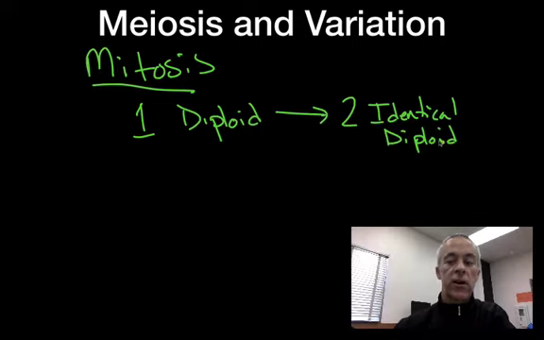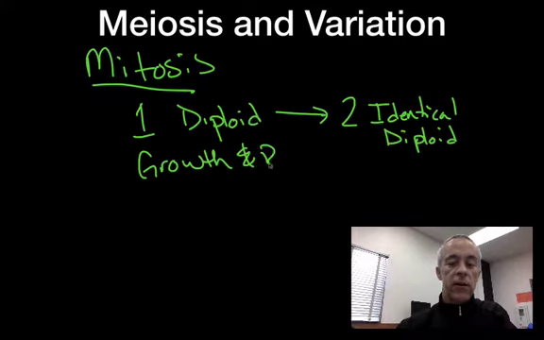These new cells are carbon copies, genetically identical to each other. Mitosis is used for growth and repair, meaning as you get bigger, as you get taller, you need more cells in your body. Those are produced through mitosis.